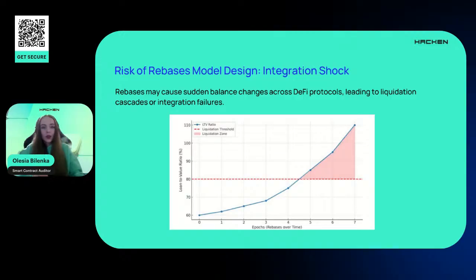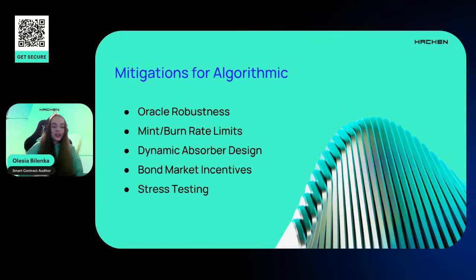So what are the mitigations for all those three types of tokens? As auditors, we need to ensure that there are mint and burn rate limits, that the oracle is implemented correctly, that there is a dynamic absorber design, bond market incentives, and for sure we need to ensure that stress testing is performed.